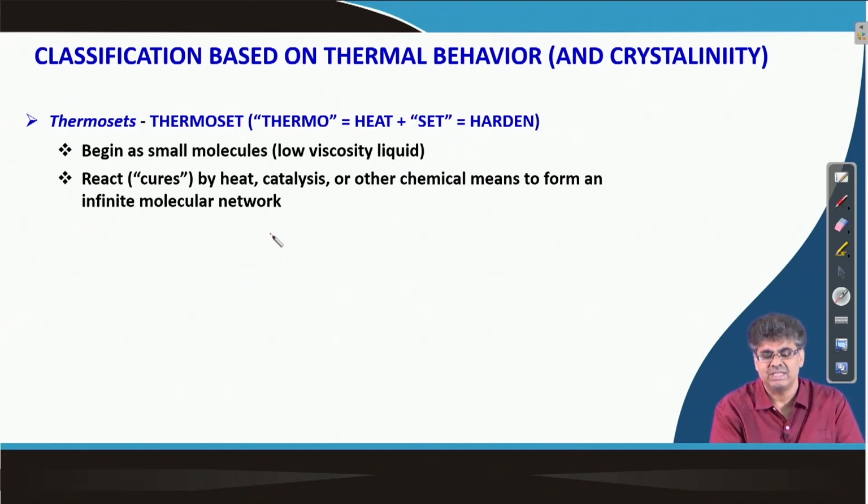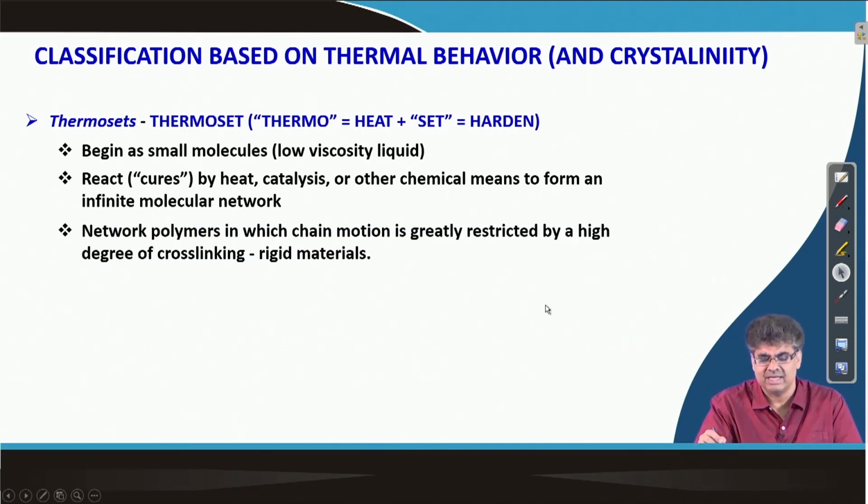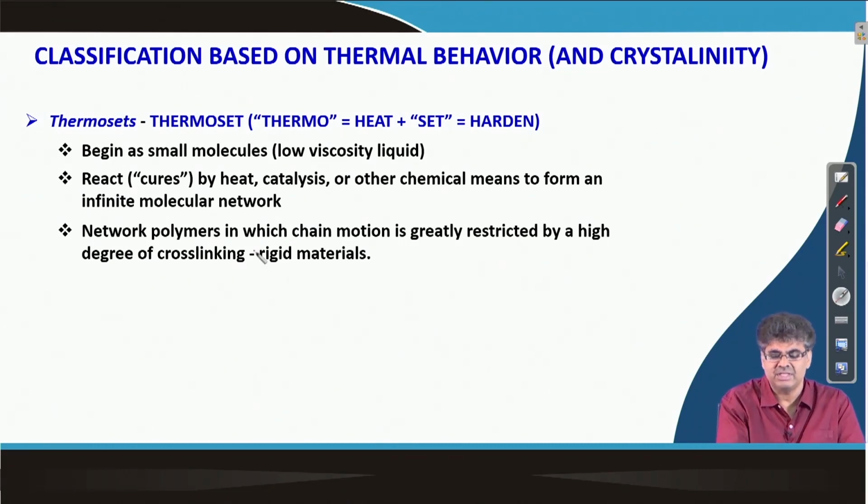So, when you heat it, the polymer chains cross link with each other and form a network polymer, which we discussed in the last class. In network polymers, chain motions are greatly restricted if we have a high degree of cross linking. If the number of cross links is very high, then the motion of the chains is greatly restricted, so we have rigid materials.